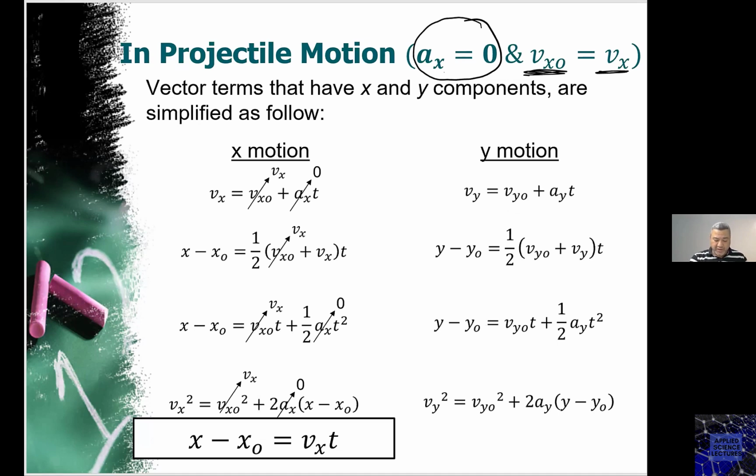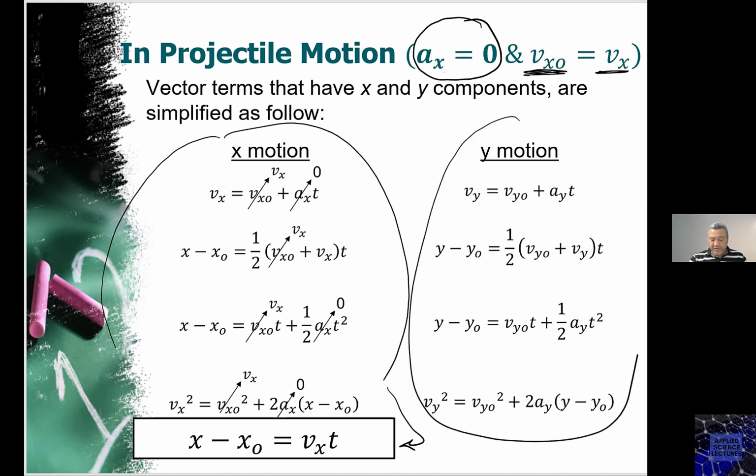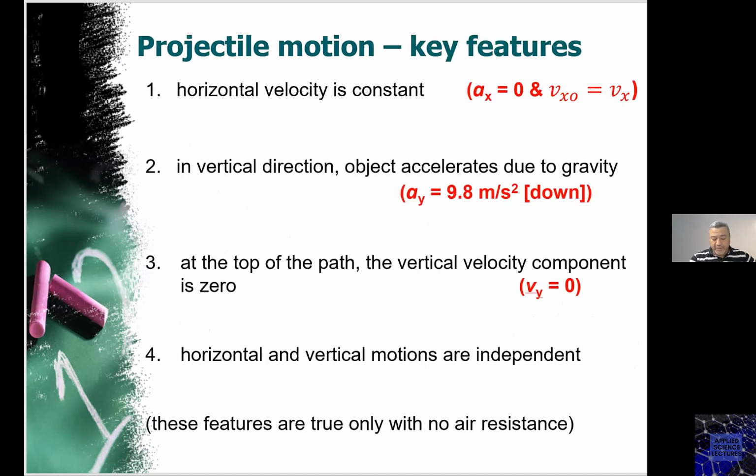So in this case, all those equations in the x motion are simplified into the one that you know, x equals vt. However, the acceleration is still there in the y motion because of the gravity. So keep in mind that in projectile motion, the acceleration in the x is 0, right?